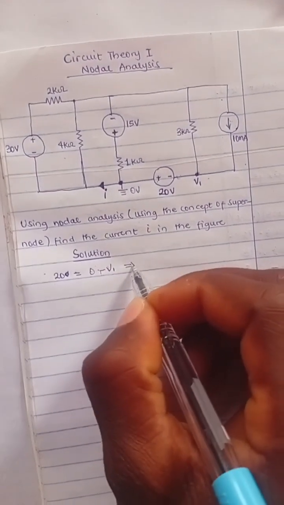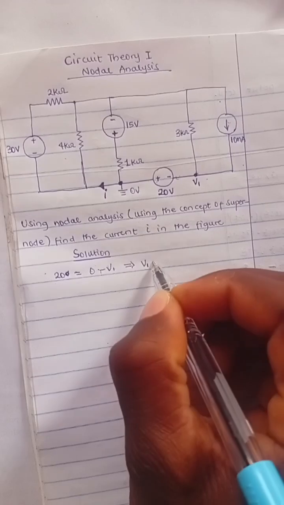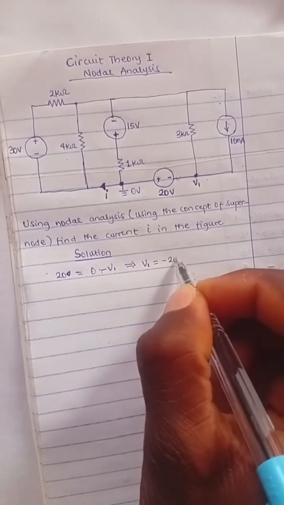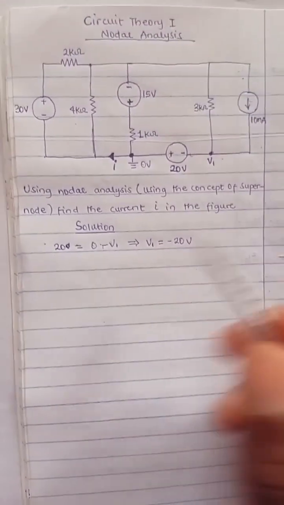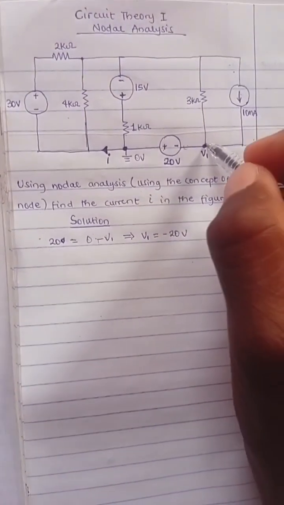So from here, we can conveniently get that V1 is equal to minus 20 volts. So we have node V1 here.